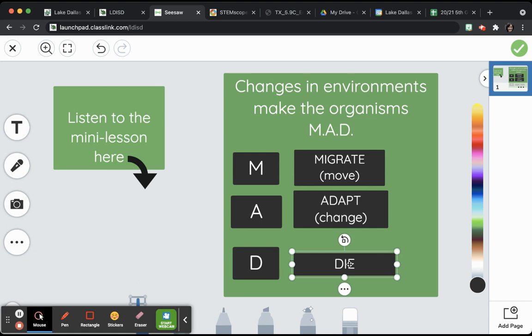Try to think about some other options that could actually happen, because not all changes in the environments are bad. Some of them are actually good, and living things learn to survive even when changes happen. So, I hope you have fun on that activity today as we wrap up our study of changes in environments.